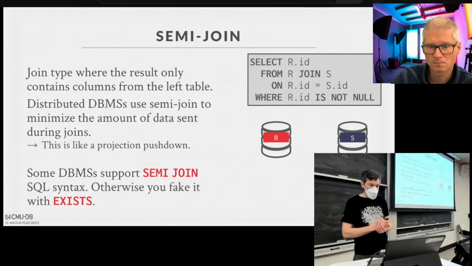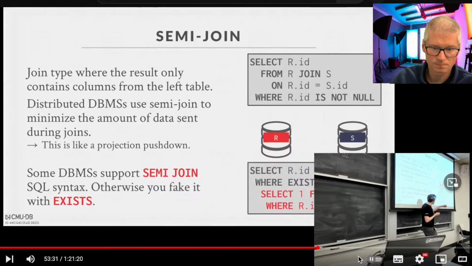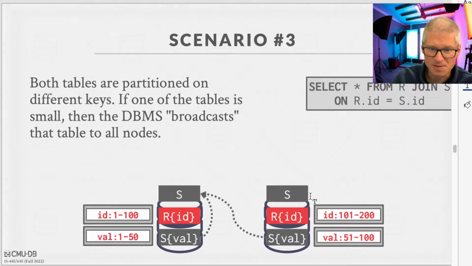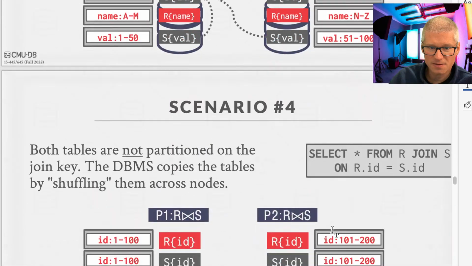Instead, with a semi-join, I really only care about whether there is a match at the other node for my outer table, for something in R. So it's essentially this query: select RID from R where there exists some tuple in S. Let me switch to the slides because this video is on top of that slide.